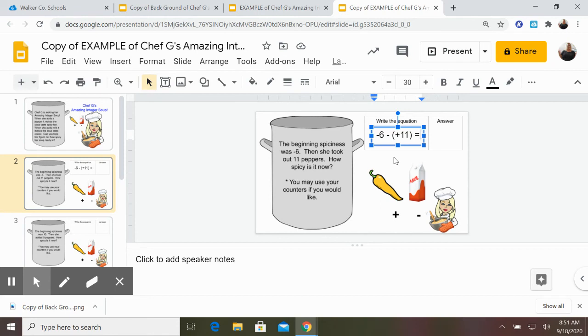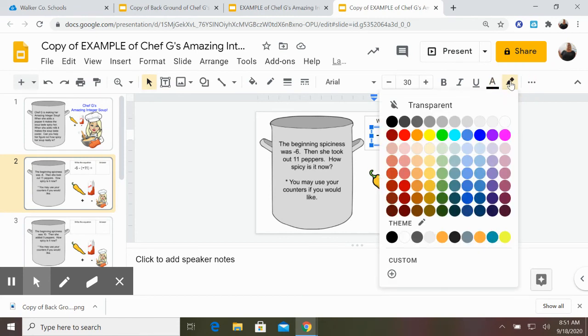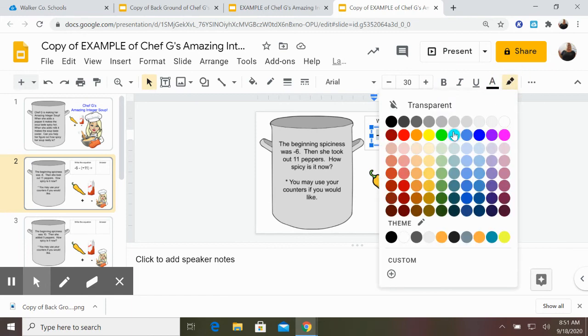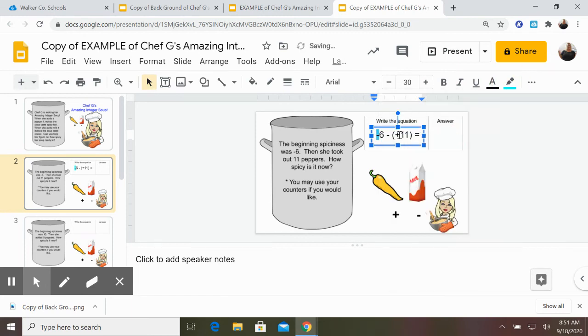So I'm going to use my highlighting tool. So if you see the signs, I saw the sign, and I'm going to highlight that in this pretty blue color. And then here's another one that I'm going to highlight in this pretty blue color.